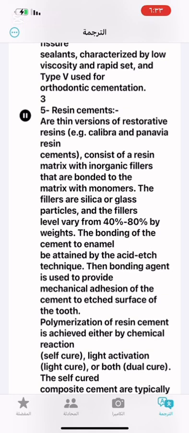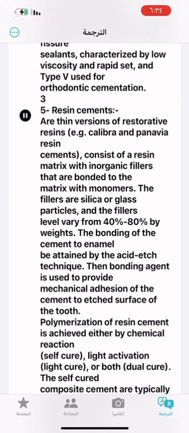5. Resin cements are thin versions of restorative resins, e.g., Calibra and Panavia resin. Cements consist of a resin matrix with inorganic fillers that are bonded to the matrix with monomers.